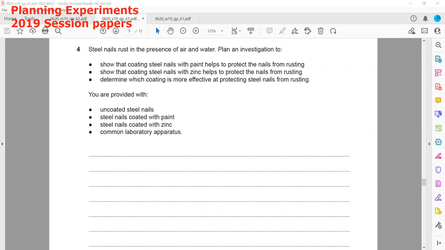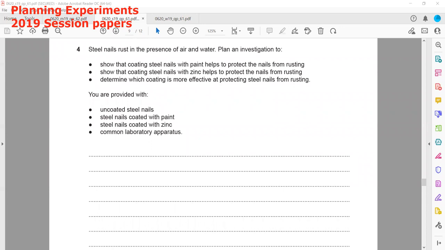The one which is not coated, the one coated with zinc, and another coated with paint. And we will add an equal amount of water and leave it, because rusting is a slow process, for about 2 or even 3 weeks.